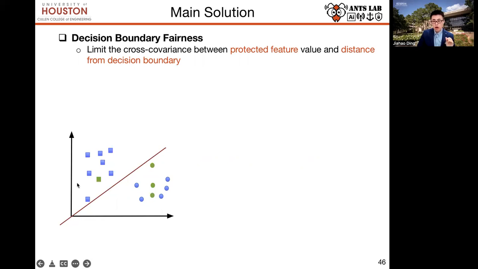Among the blue samples, we have a 58% positive rate, that means 7/12. But for green samples, we only have a 25% positive rate, because it is 1/4.